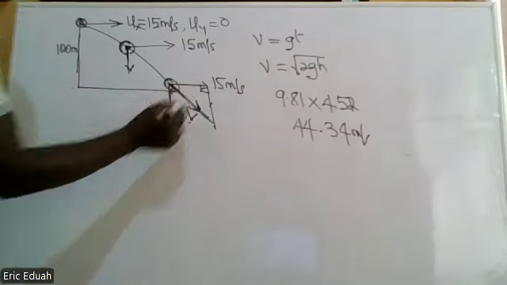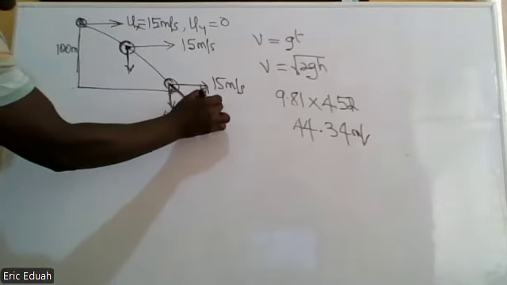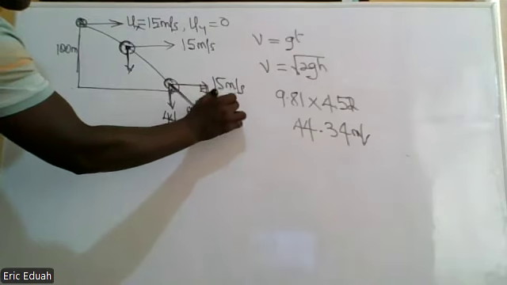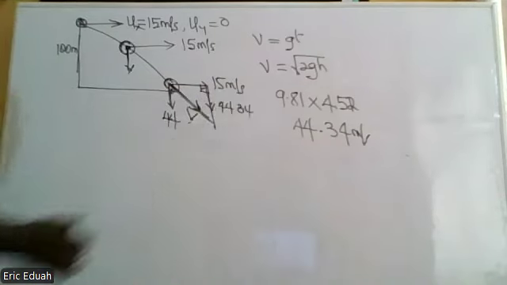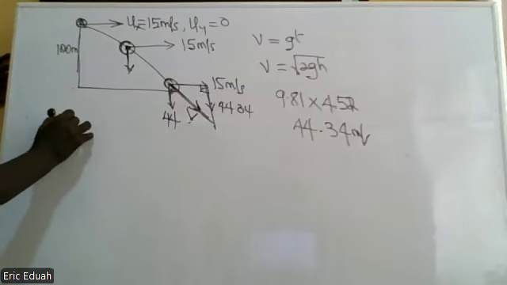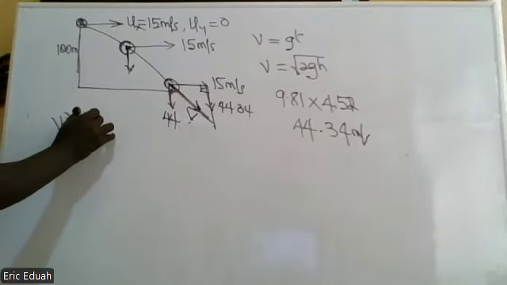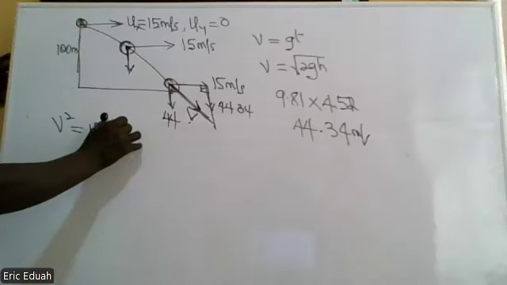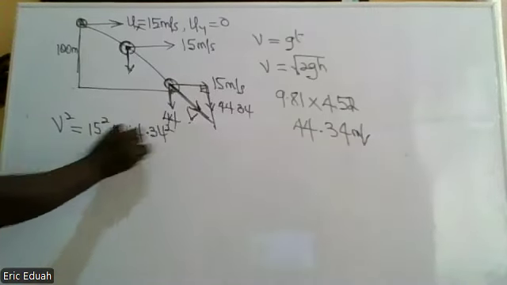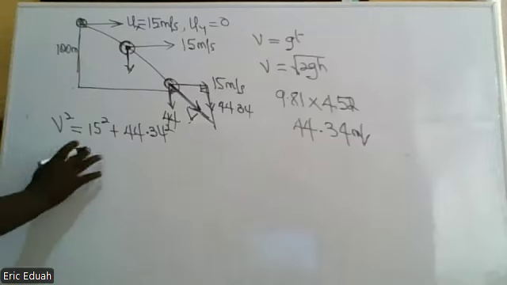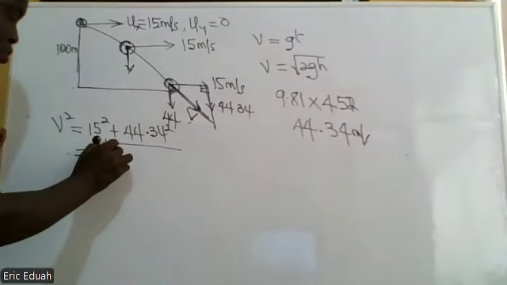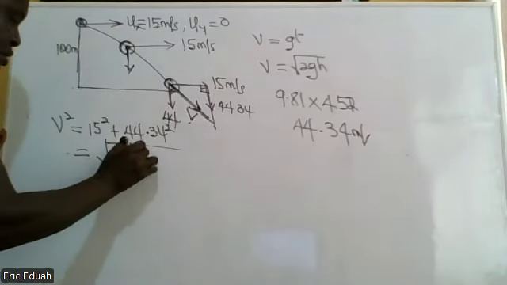The horizontal is 15, the vertical is 44.34. So using Pythagoras theorem, V squared is equal to 15 squared plus 44.34 squared. V would therefore be equal to the square root of this.